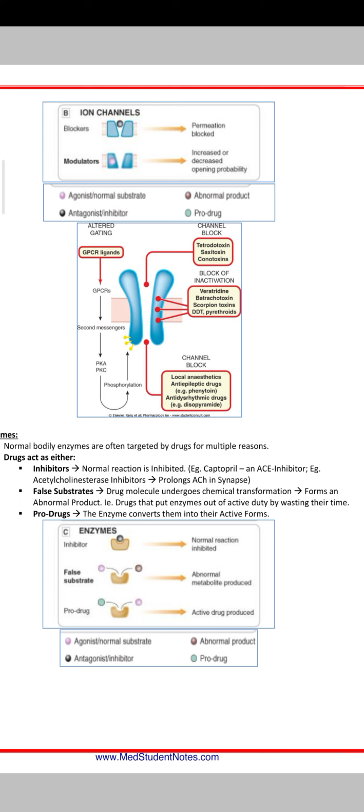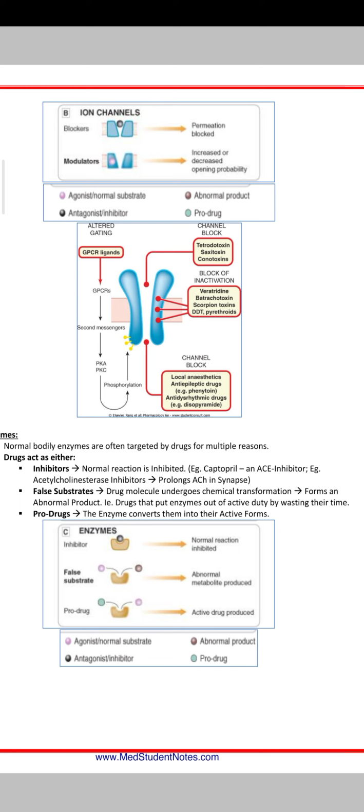False substrates are drug molecules that undergo chemical transformation and form an abnormal product, putting the enzyme out of active duty by wasting its time. Next is prodrug. The enzyme converts them into active forms; the prodrug is activated by enzymes from its inactive to active form.